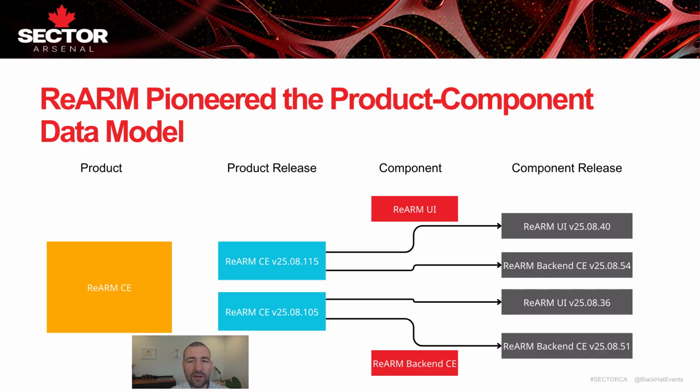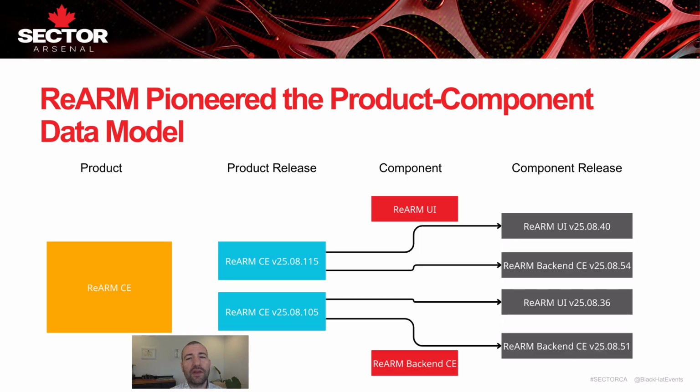Further, we should recognize that product releases do not reference components directly. Instead, product releases consist of specific versions of component releases, and this is how linking between products and components is actually established. So it's not a direct link, but via their releases.